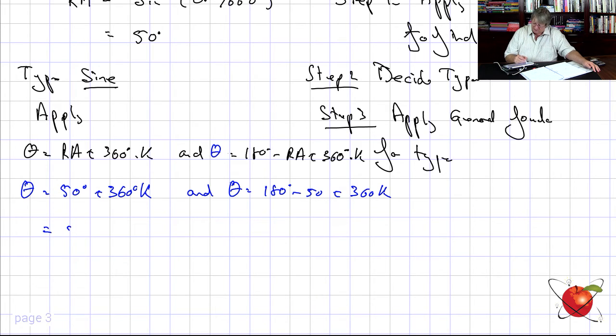Therefore, theta is 50 plus 360K, and theta is 180 minus that, which is 130 plus 360K.